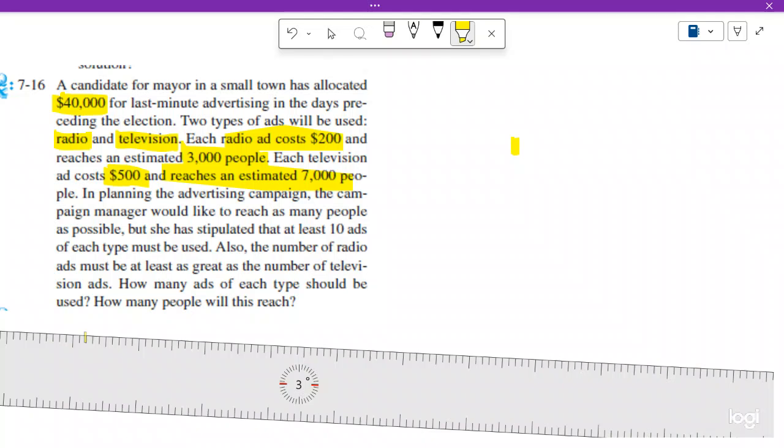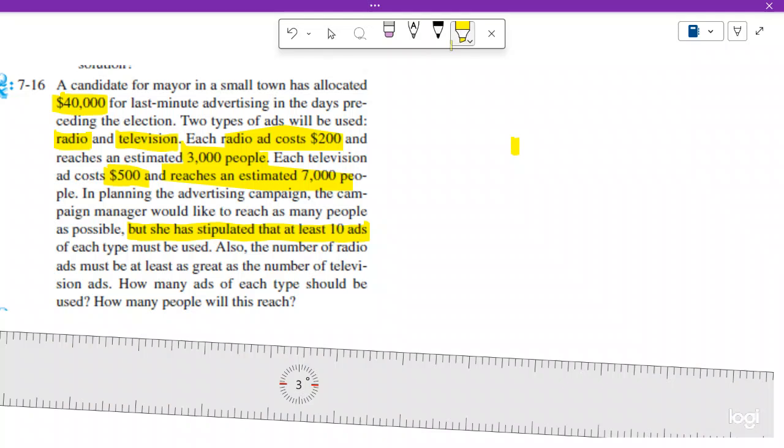In planning the advertising campaign, the campaign manager would like to reach as many people as possible, but she has stipulated that at least 10 ads for each type must be used. At least how many ads?